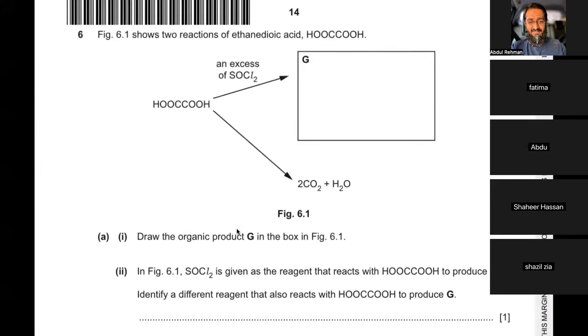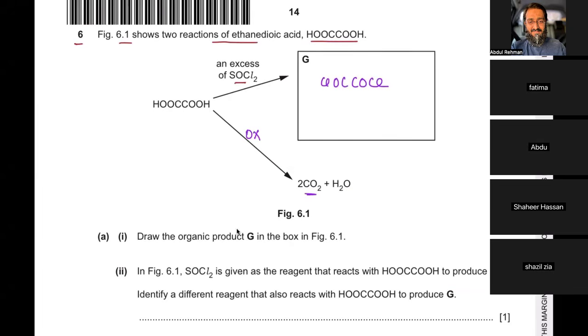Okay. Now, question number 6. Figure 6.1 shows two reactions of ethanedioic acid. If you recall, with the SOCl2, if I'm not wrong, we are getting this. Both the OH are displaced by chlorine. And this is turning into carbon dioxide, so it means it's an oxidation.